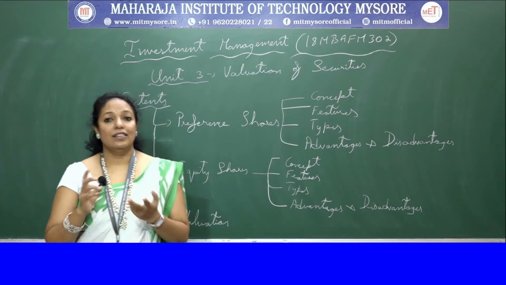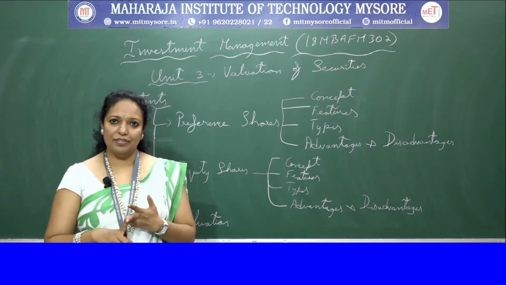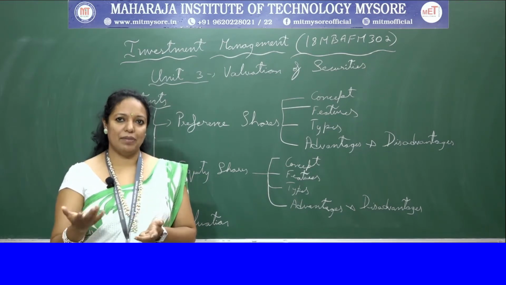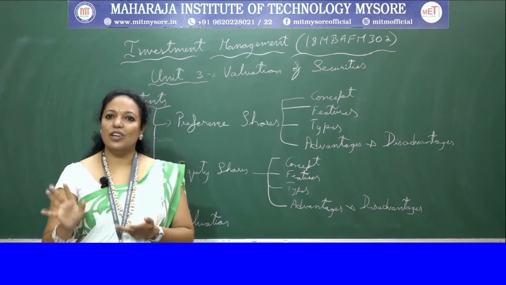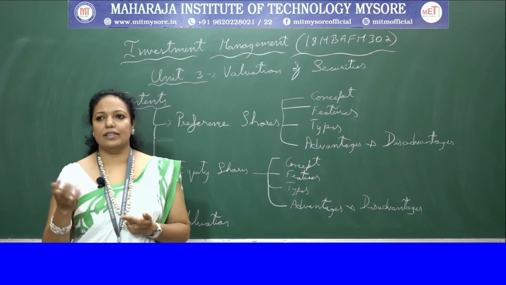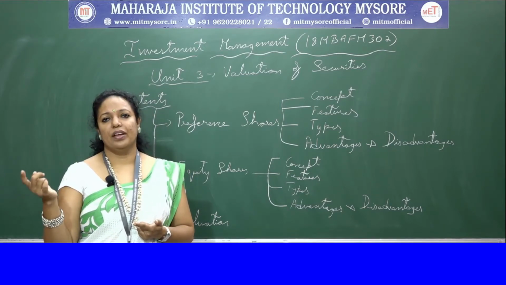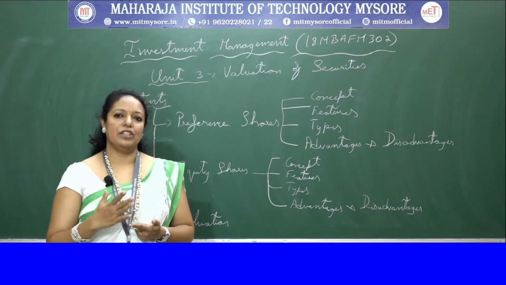And third, this is also one of the forms of long term finance, that is the capital finance, a capital market instrument, meaning long term finance. And next is dividend, it is normally higher than the interest rate of debentures.